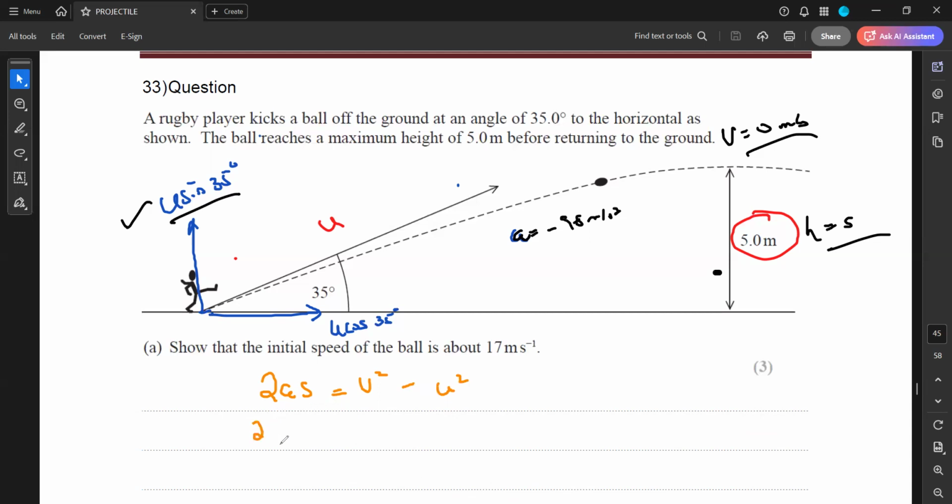So it will be 2, the gravity is minus 9.8, the vertical displacement is 5, the final velocity is 0 minus the initial velocity, which is u sine 35, whole squared.